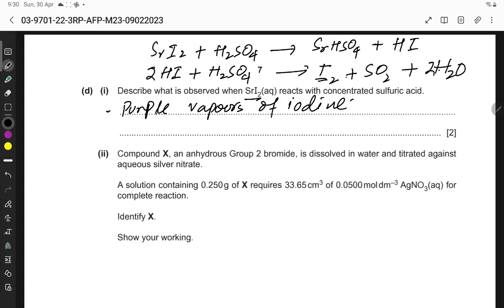There is another reaction of sulfur dioxide and other possible products.